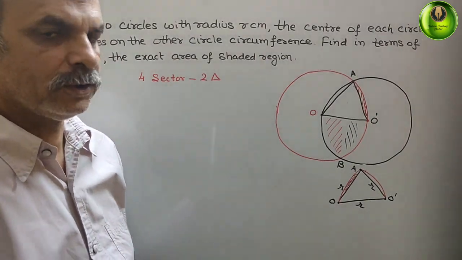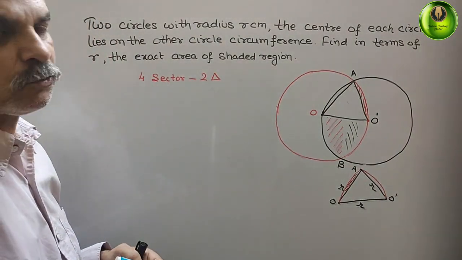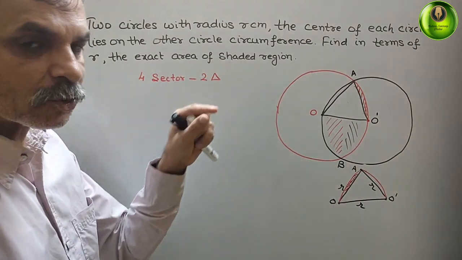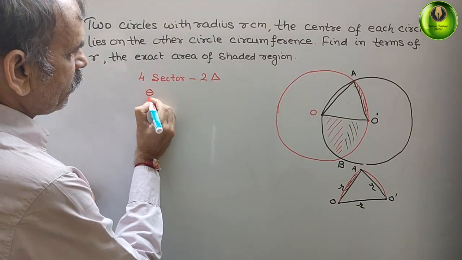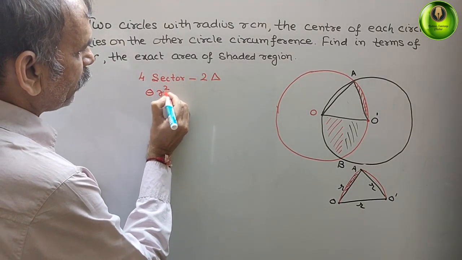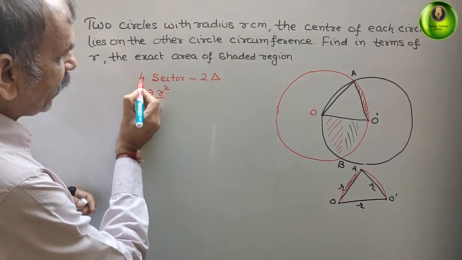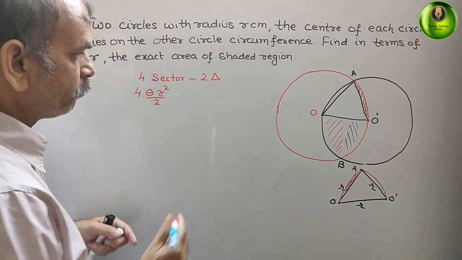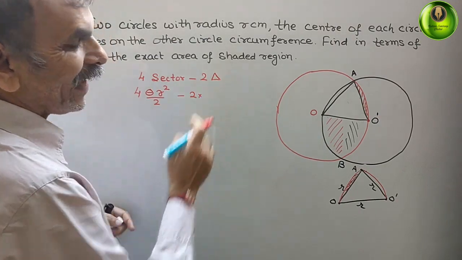So now, we will put the formula. Here the sector formula is what? Theta r square by 2 is the sector formula. And here comes 4, minus 2 into triangle.